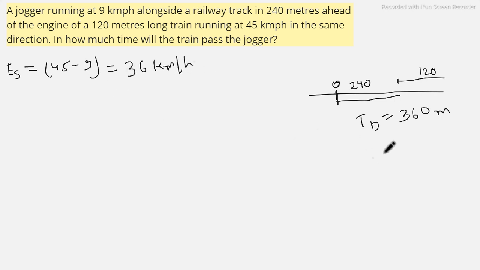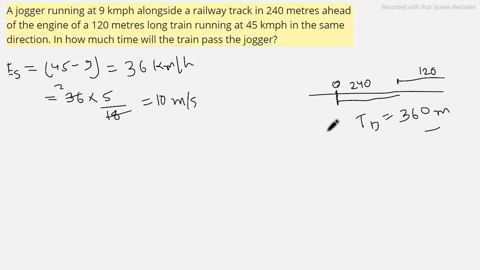Now the distance is in meters, so we'll convert this kilometer per hour into meter per second. We'll multiply 36 by 5 by 18. This looks very simple. This will be 10 meter per second.